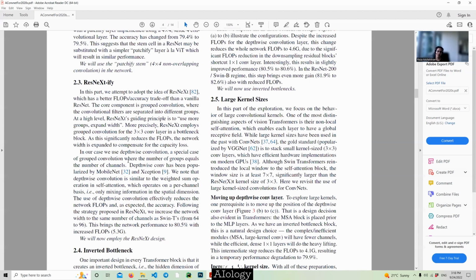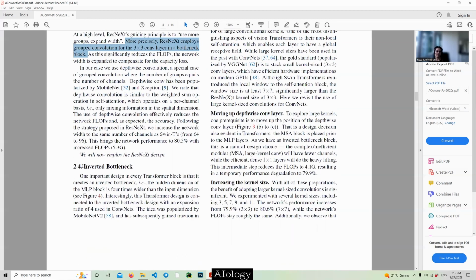There are some architectures that apply the convolution on the depth-wise dimension rather than the spatial dimension. Also, ResNeXt employed grouped convolution for the 3x3 convolution layer in the bottleneck block. So instead of having just one convolution, we have a group of convolutions. Basically, in ResNeXt, the number of groups is usually the same as the number of channels of the images.